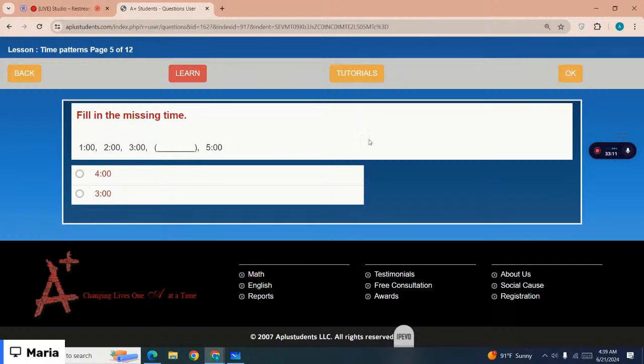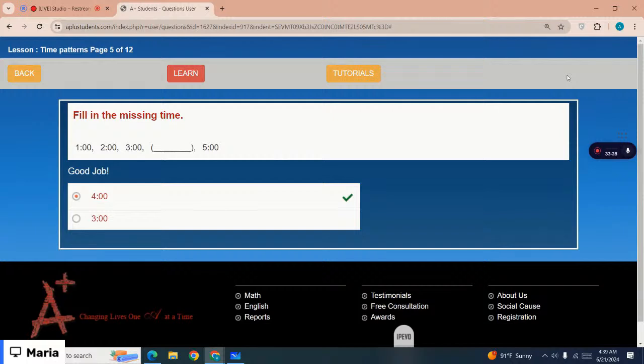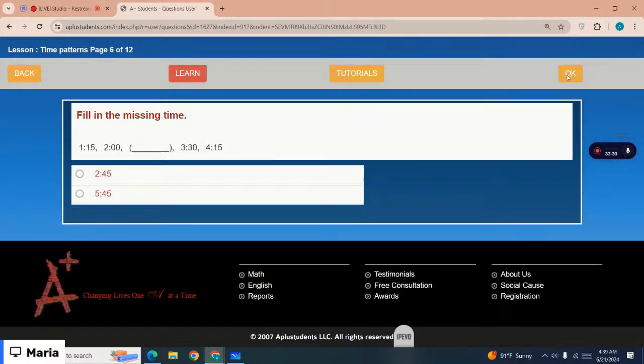The correct option is yes, 4 it is. Fill in the missing time. 1:15, 2, which is the correct option?